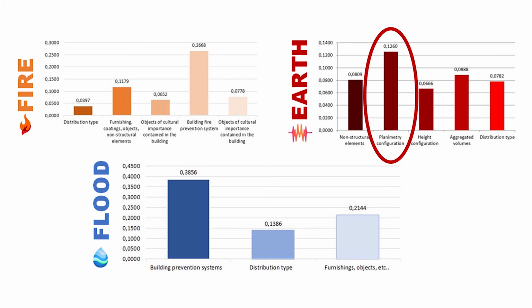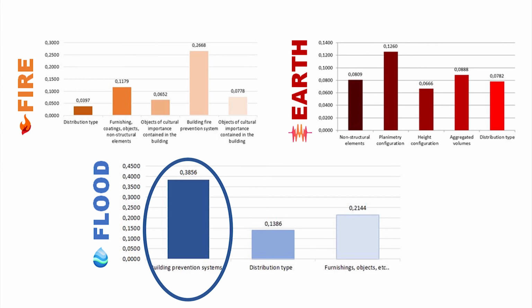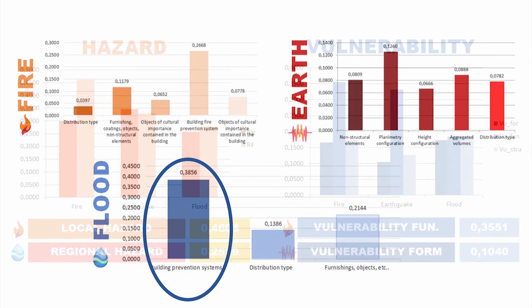According to the expert, considering the general aspects of the vulnerability form for seismic risk, the element planimetric configuration is the most risky because the regularity of a structure is one of the first elements for a good resistance to a seismic vibration.